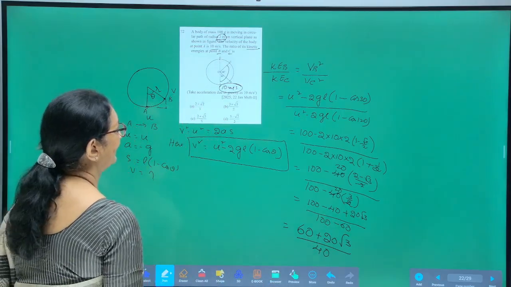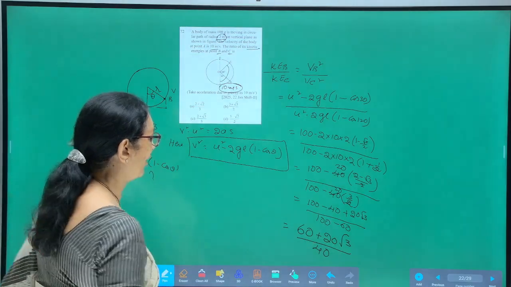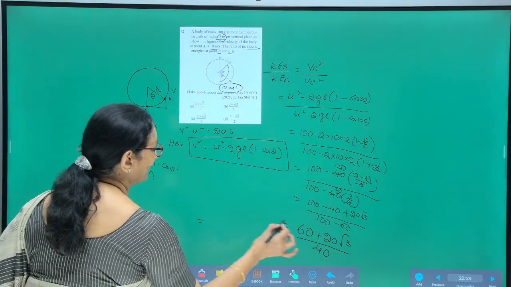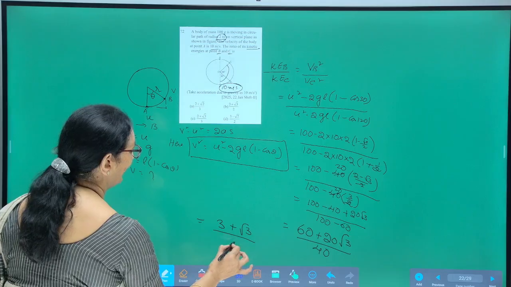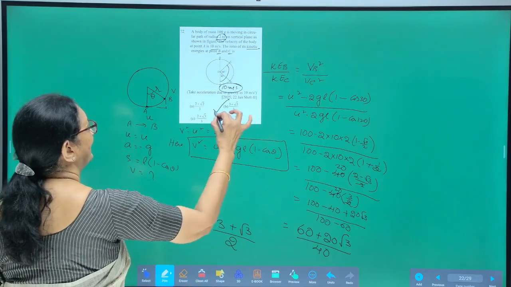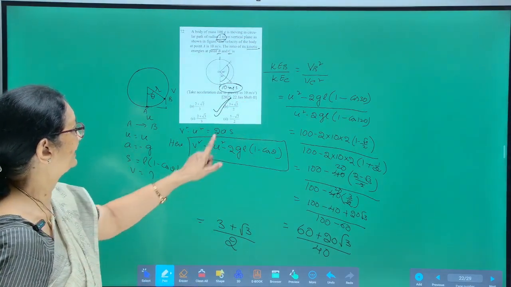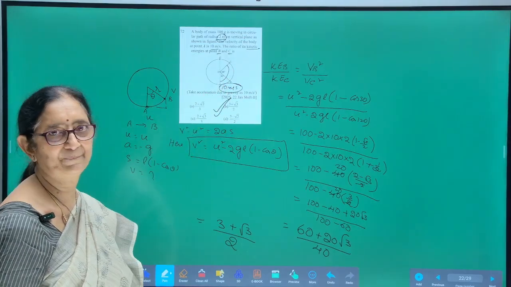If you take 20 as common and cancel, you will be getting here 3 plus root 3 divided by 2. That is the ratio of kinetic energy at the points B and C.